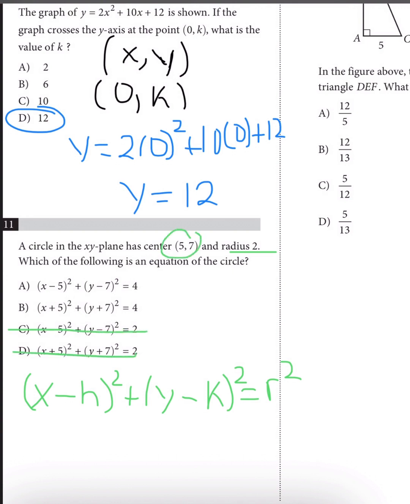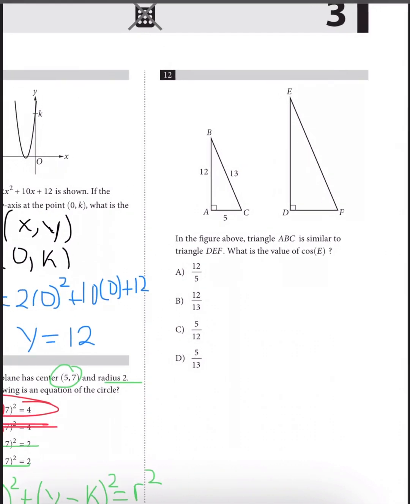And as you know, as the x and y are positive, it means the signs cannot be positive also. The signs have to be the opposite, so they have to be negative. So the answer is A and not B. Okay, let's go on to this question.